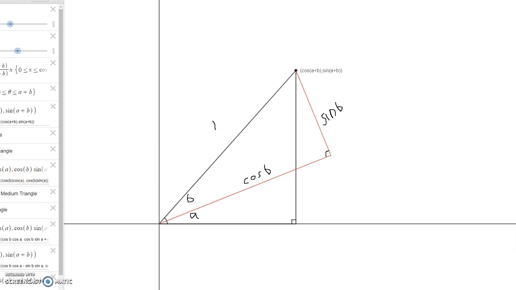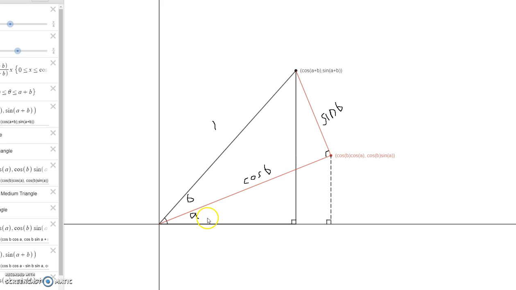So we've got that, and that all together brings me to this point. The coordinates of this point are cosine B cosine A, comma, cosine B sine A. How do you get that, you ask? Well, recognizing that if I were to project this point back onto the x-axis, I've got now a right triangle.